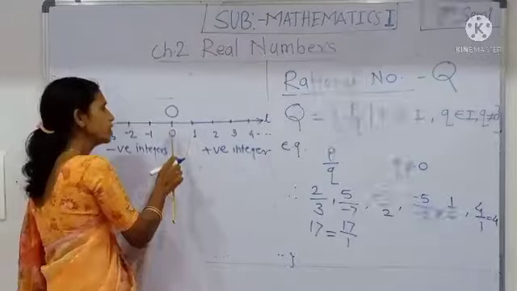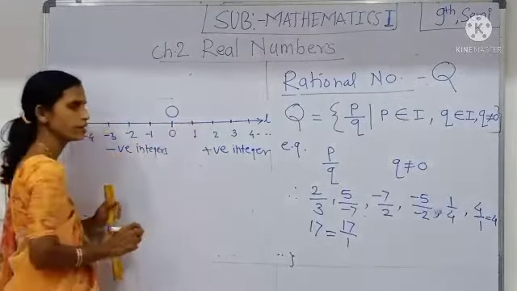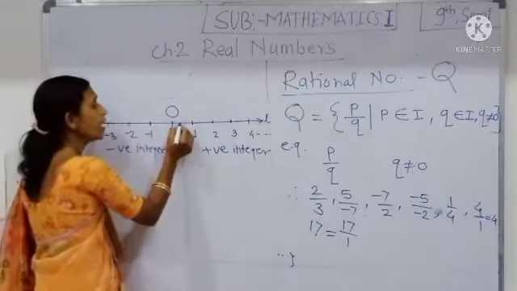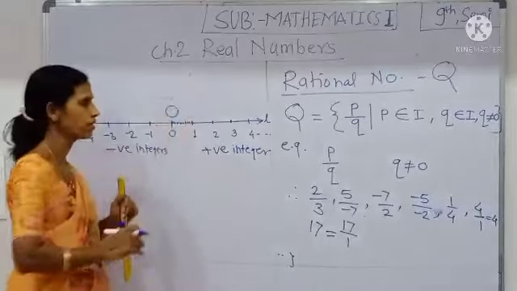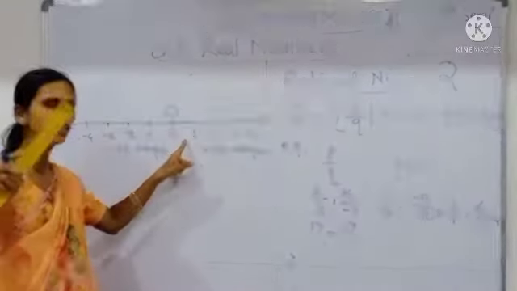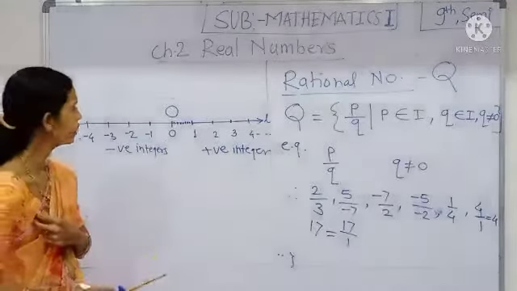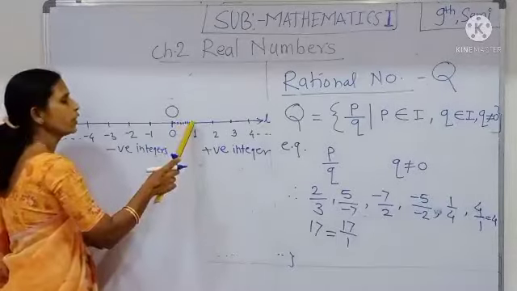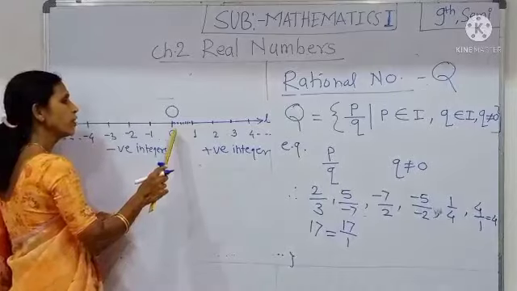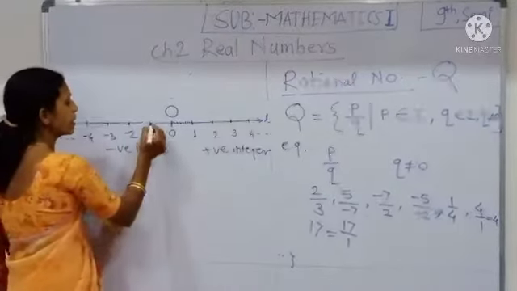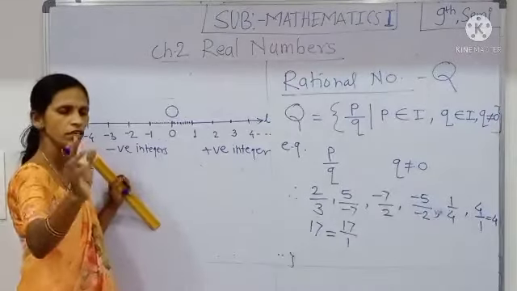Then between 0 and 1, there are infinitely many points as well as infinitely many rational numbers. That means each point between 0 and 1 is related with a number. As there are infinite points between 0 and 1, as well as between 0 and minus 1, there are infinite rational numbers too.